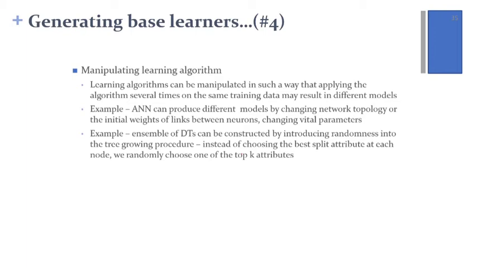Now, for example, the neural network is one of the forerunners. It can produce different models by changing the network topology. So we have a neural network. We receive input from outside, X1, X2, X3. This is our input coming in.